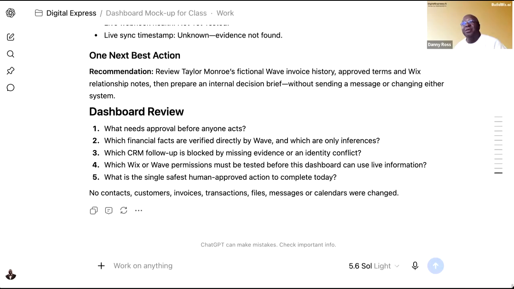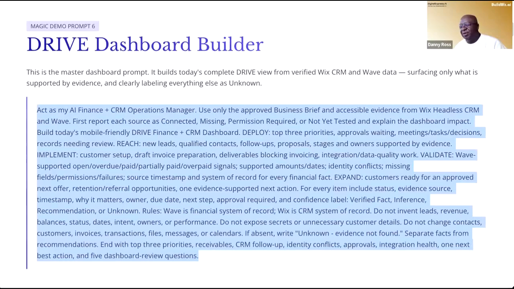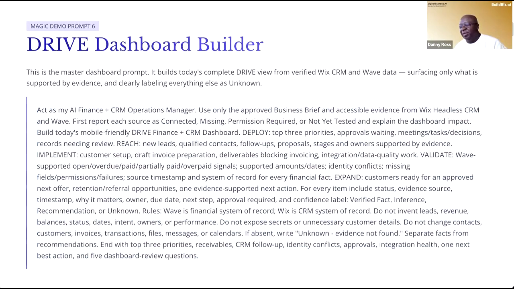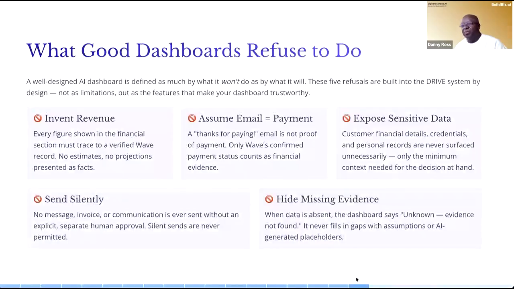All right, so we can now go to the last couple of steps here. We're almost done, and we'll build this out immediately. You can read through all of these missing points. And what good dashboards refuse to do. In programming or designing any kind of automated system, it's really easy to design what the system does and what happens when everything works perfectly.